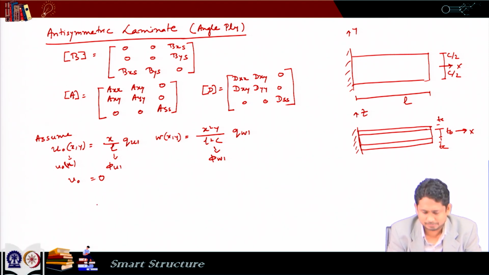So, we have to solve two equations here.